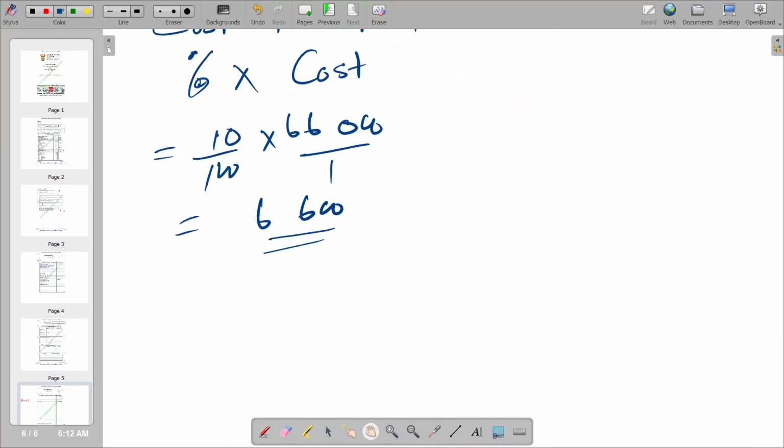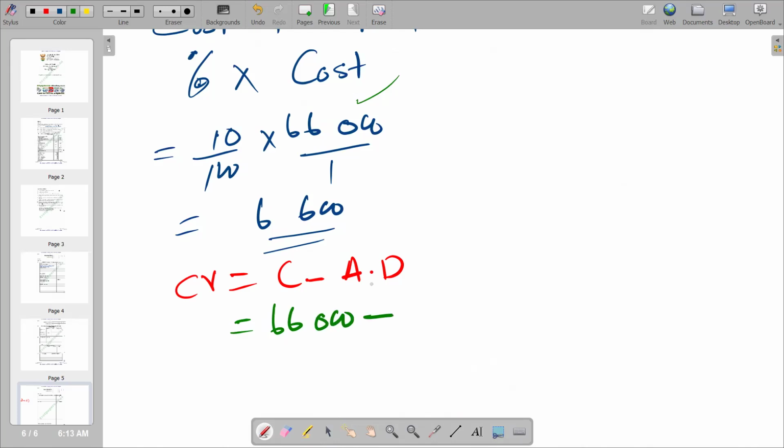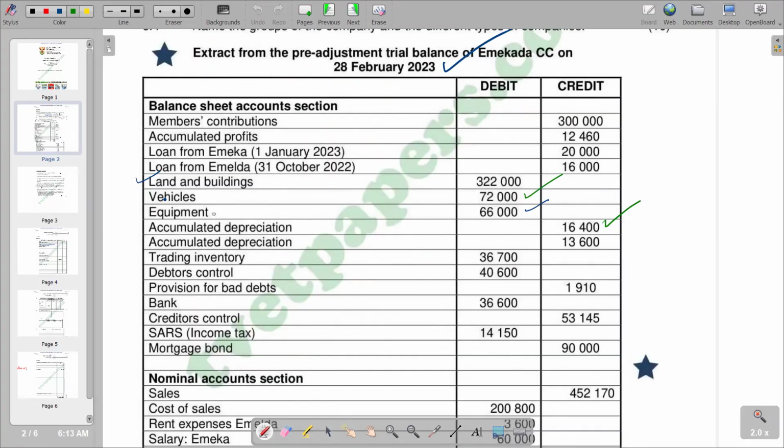So remember, we need the carrying value, which says cost minus accumulated depreciation, of which our cost is 66,000. So we're going to say 66,000. Then for accumulated depreciation, we take the depreciation that we are given in the pre-adjustment trial balance, which for equipment is 13,600.